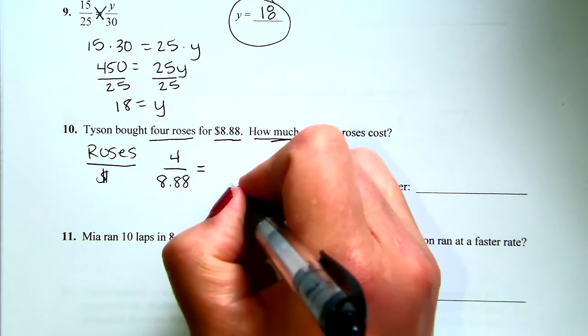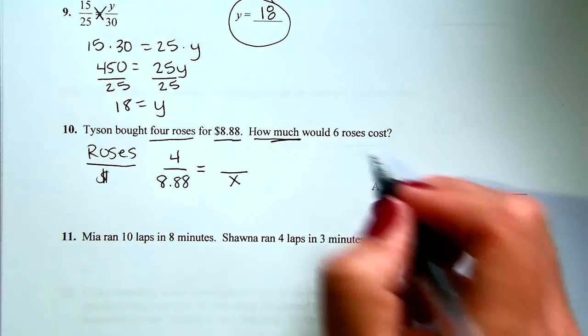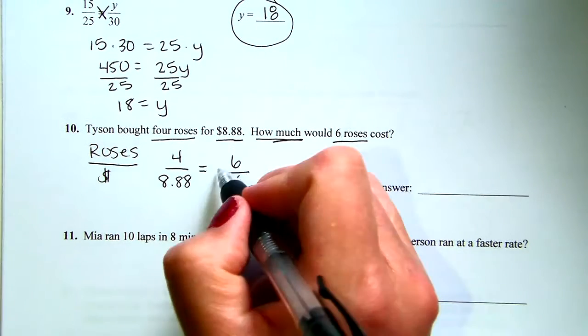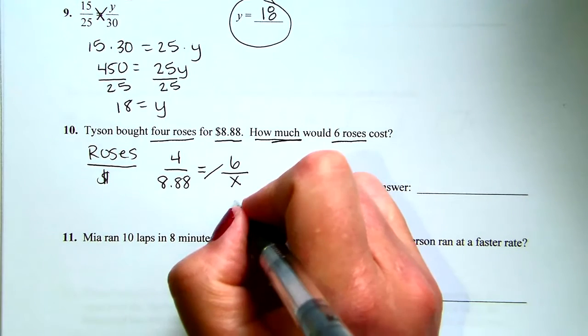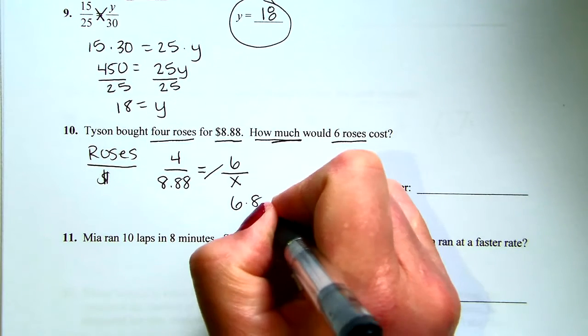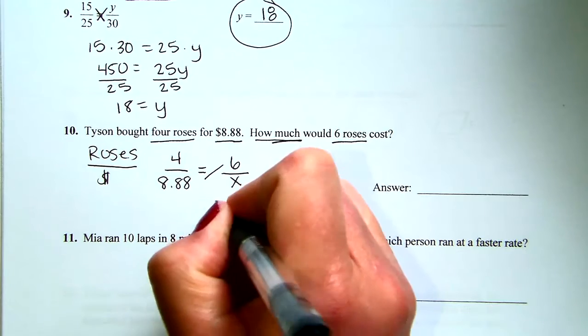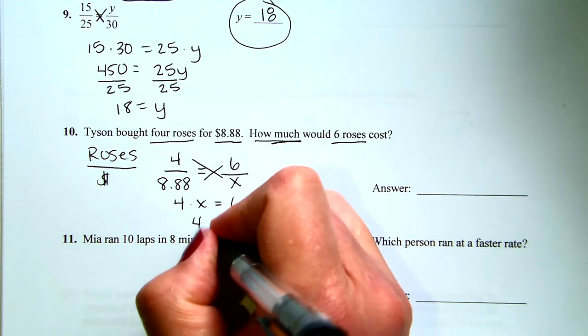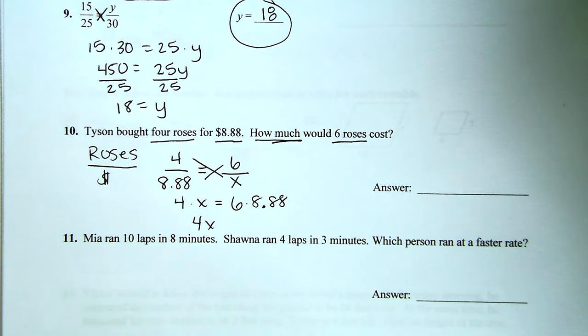So we're going to go 6 times 888, and that's going to equal 4 times x, or 4x. Now 6 times 888, if my calculator will cooperate, which you are free to use, is $53.28.